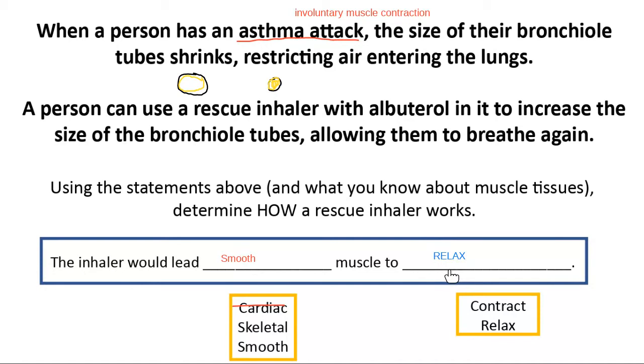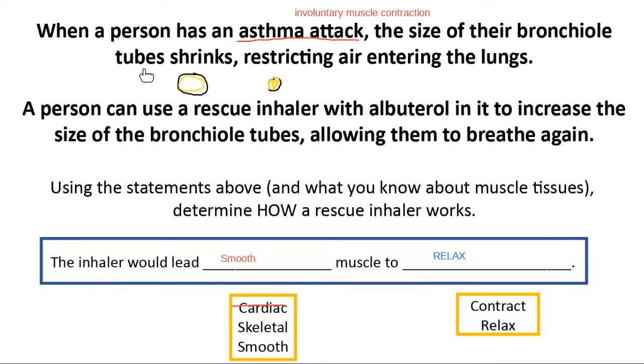Okay, this is an exam type question, right? So I would give you this kind of information and ask you to fill in the blanks, just like we did here. Here's the stuff that you use to answer this question. First thing that we needed to know was where we were at. So we're talking about the bronchial tubes.